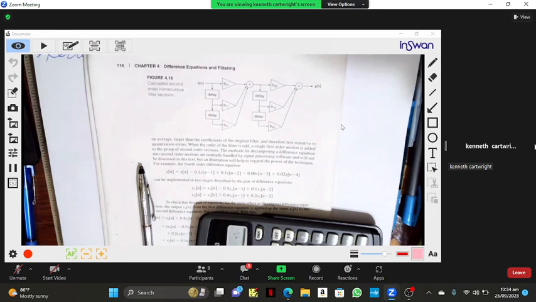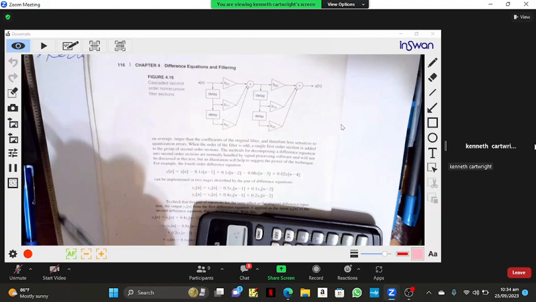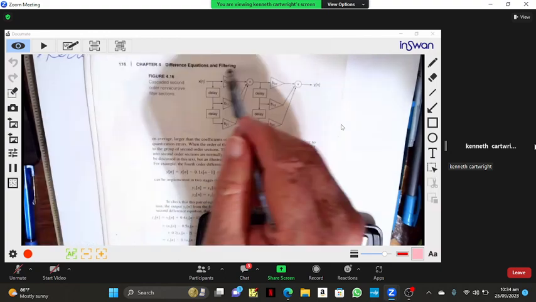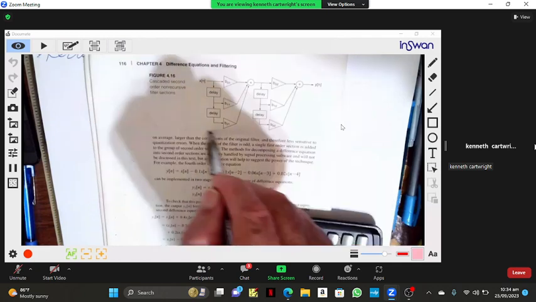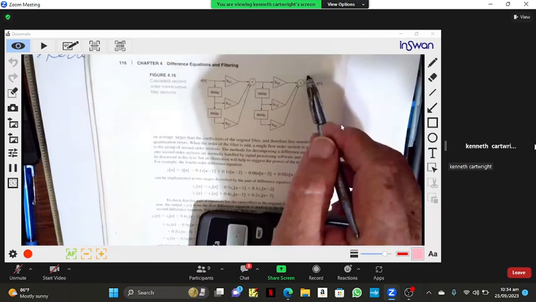One person said second order filter, but that's not true. Look carefully. We see a second order FIR filter followed by a second order FIR filter.